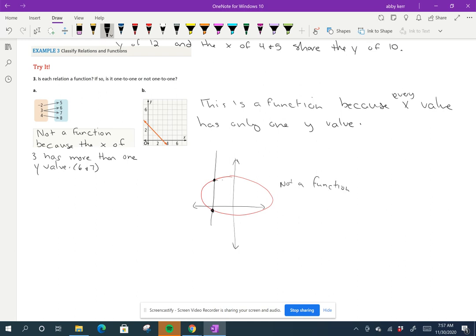Because this x value has a y here and a y there. Because the x value has more than one y value. So vertical line test is super easy to do when you have a graph. But remember, it's a vertical line test. So you have to draw your vertical line straight up and down to see if it passes or not.